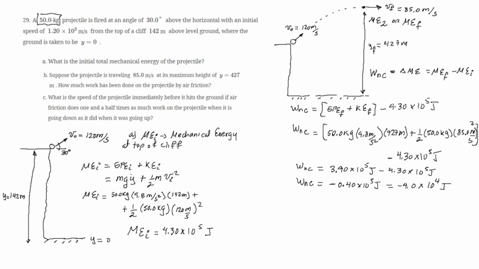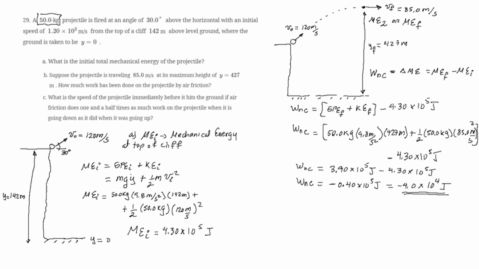That is just the difference in mechanical energy between the 2 points, the top of the cliff and the top of the trajectory, and that difference in mechanical energy is due to the action of one resistive force, the resistive force of the air, and so it's considered work of a non-conservative force.